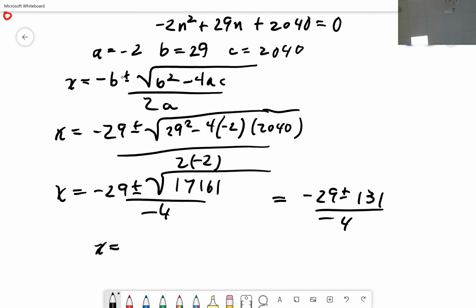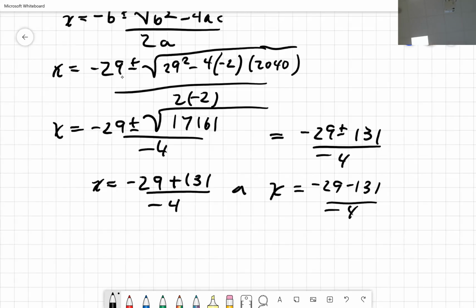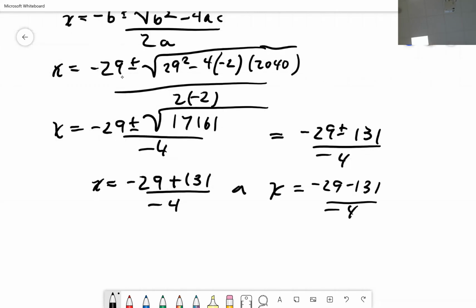So x is either going to be negative 29 plus 131 divided by negative 4, or x, and really it's n because we're finding n here, equals negative 29 minus 131. You know it's going to be this one because this one comes out positive. I'll just solve both.